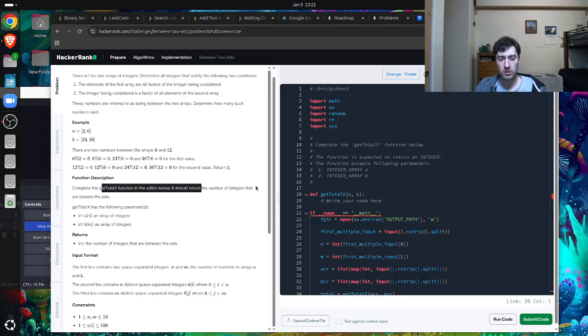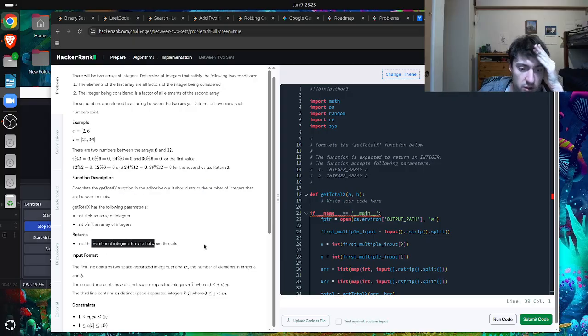It should return the number of integers that are between the two sets. getTotalX has the following parameters. Returns the number of integers that are between the sets.